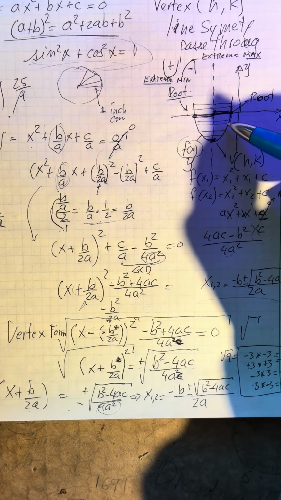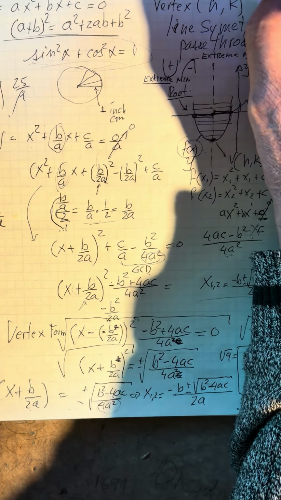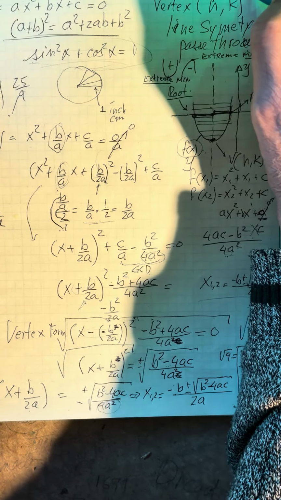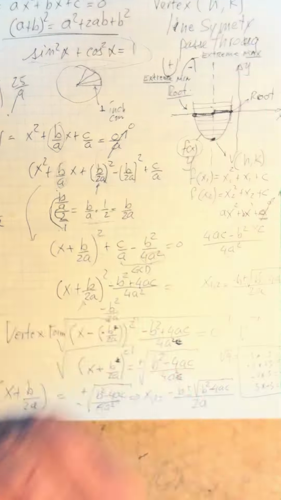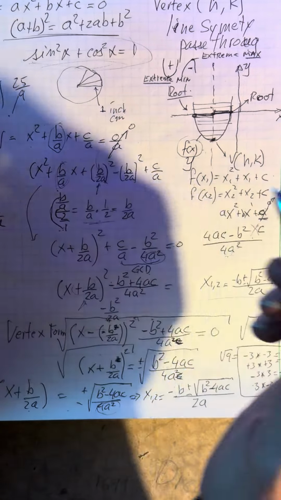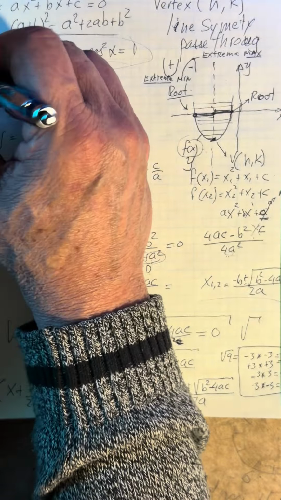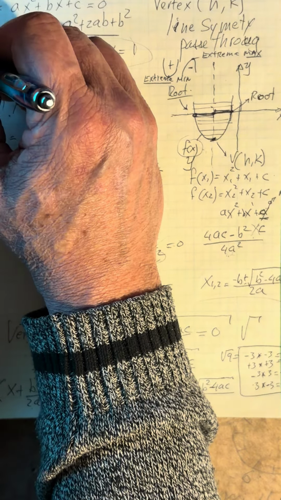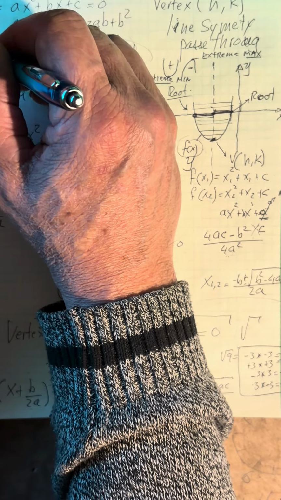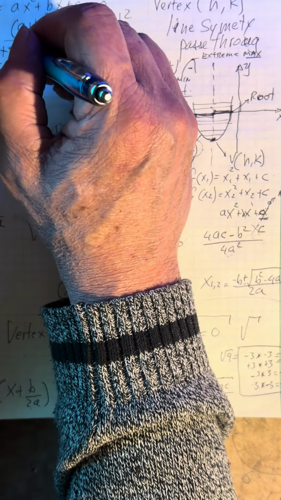There's the factor way, and then there's the regular standard. This is the standard form. And there is also the factor form. The factor form will be y equal to a times x minus r and x minus s.